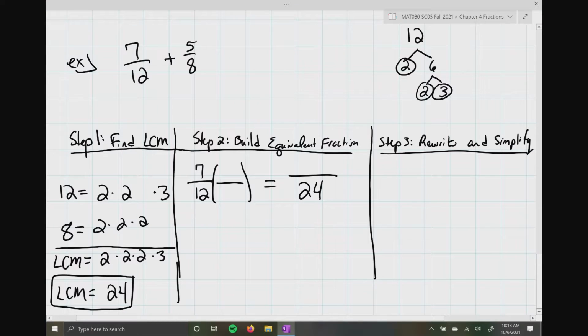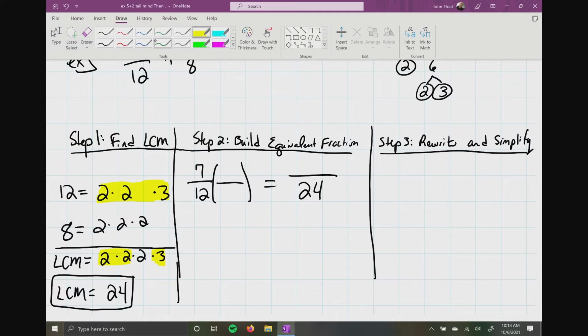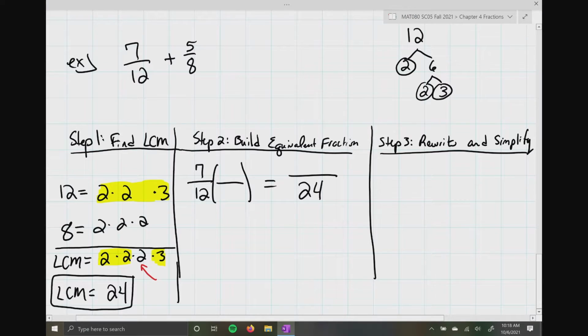I want you to notice that right here is the prime factorization of 12. Does everybody agree with me on that? So if I go down into my LCM, watch what happens. I'm going to highlight the same exact numbers in my LCM. The only number that is not highlighted is that number 2 right there.